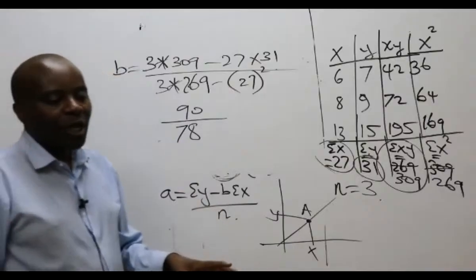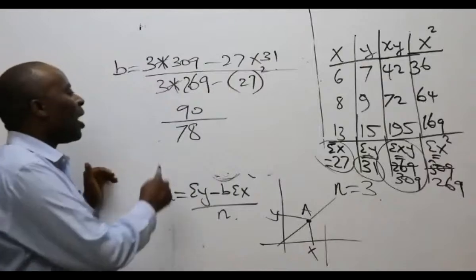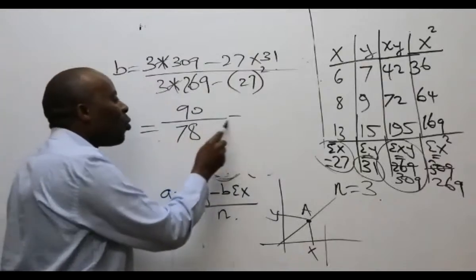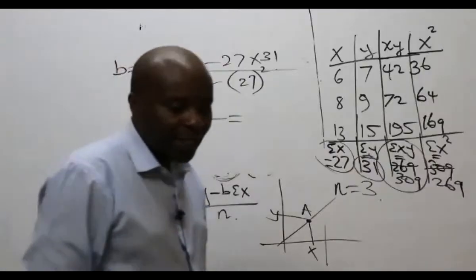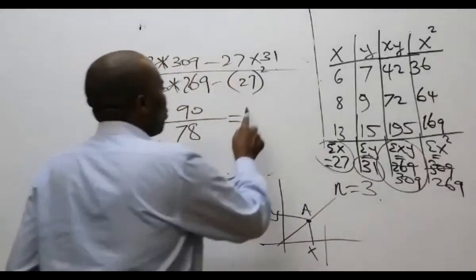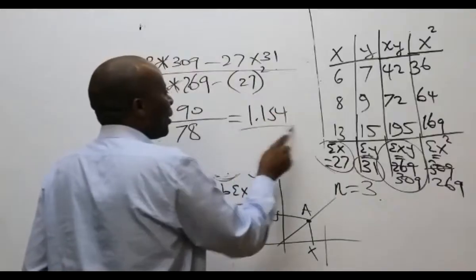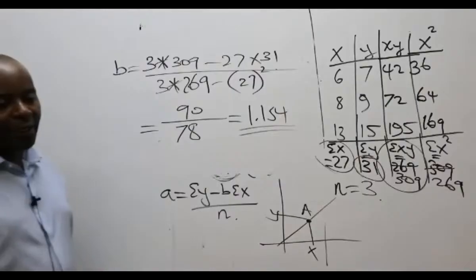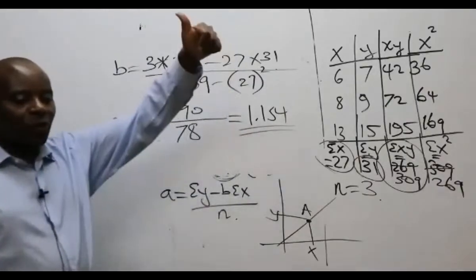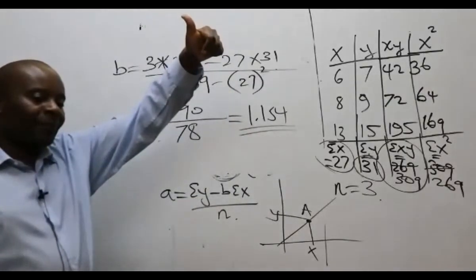Thank you very much. Now, ladies and gentlemen, please go ahead and give me the quotient here. What is 90 divided by 78? Sharon tells me it is 1.154. Great, many have been able to confirm.